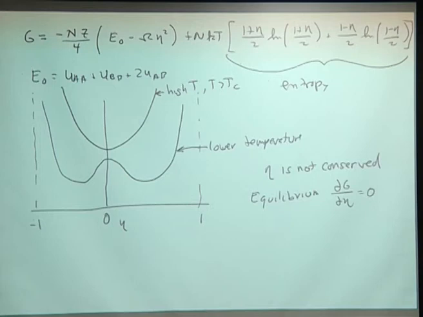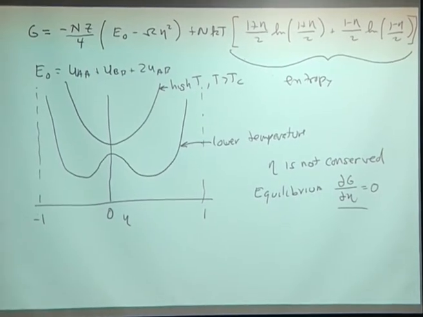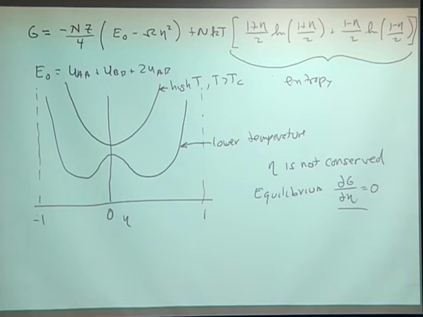Okay? Unlike the common tangent construction where you had to worry about equality of chemical potentials, here it's just this. And so what does that mean physically? So let's do exactly the same thing I just did with the composition case. Let's say you started the system with a certain order parameter that sits here, right?